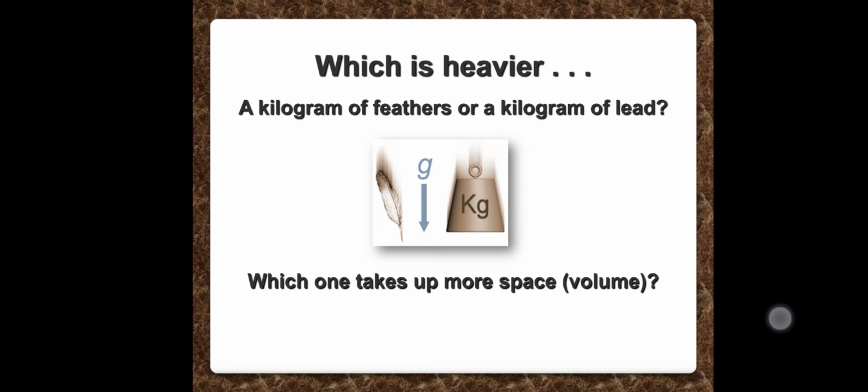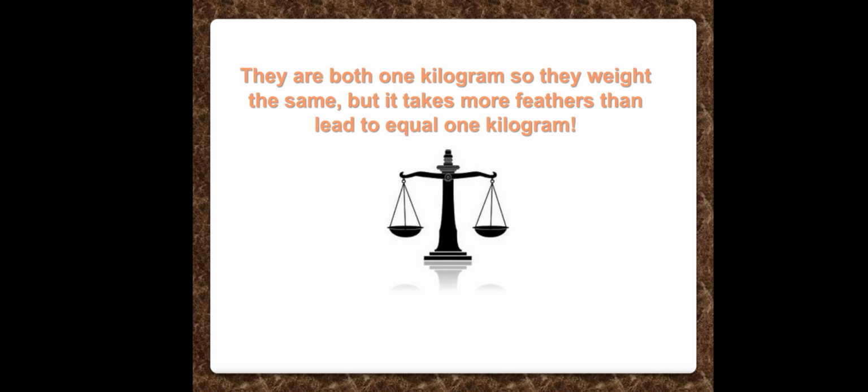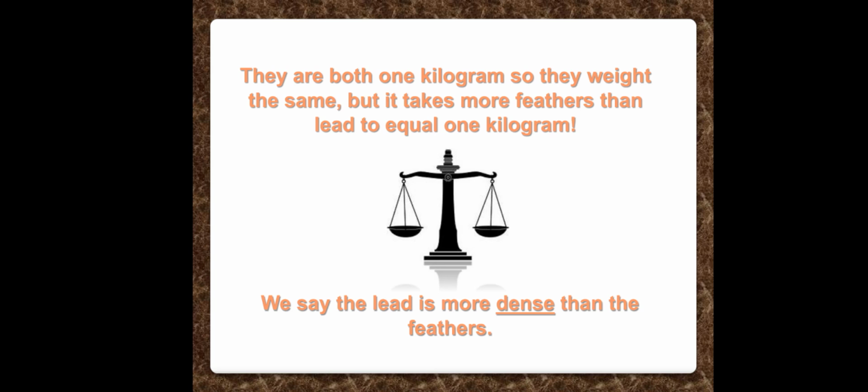Volume. They are both 1 kilogram, so they weigh the same, but it takes more feathers than lead to equal 1 kilogram. We say the lead is more dense than the feathers.